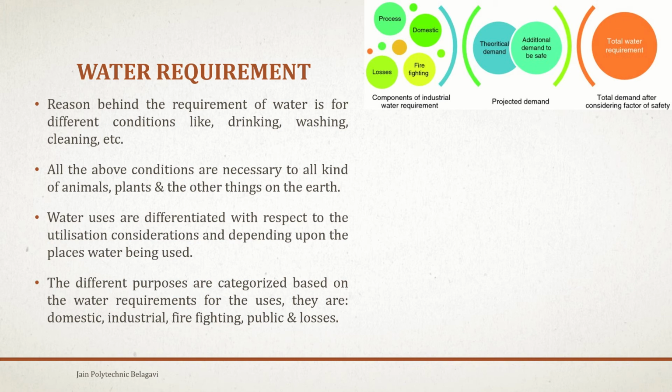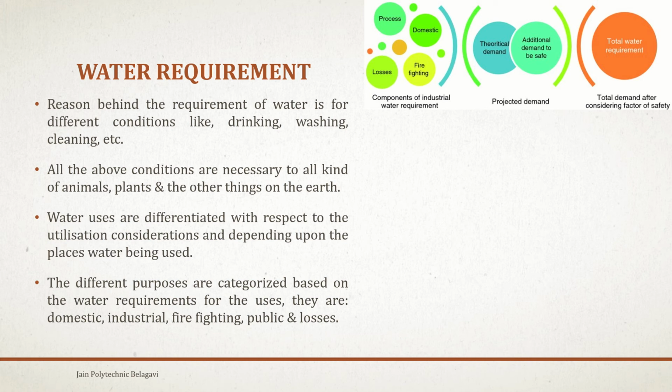Similarly, when it is coming to the projected demand, we have two types in that: the theoretical demand and the additional demand to be safe. So theoretical demand we will be discussing in this chapter in detail in the further units, in the further videos.